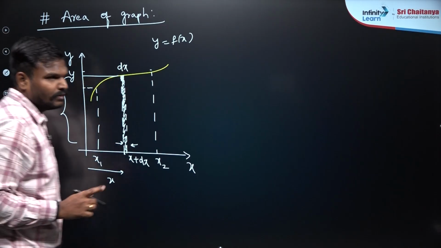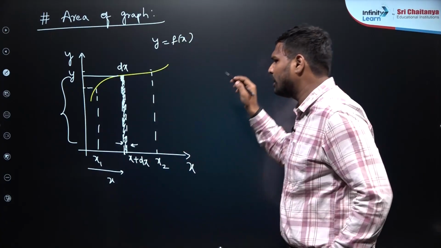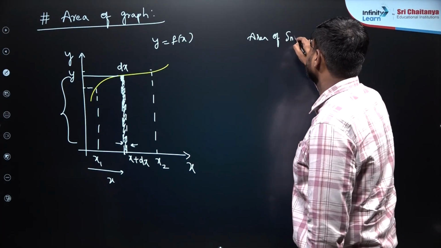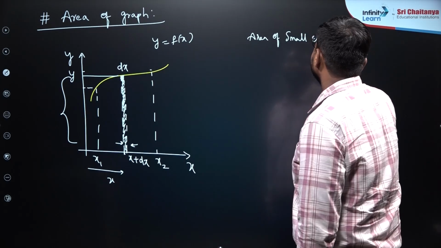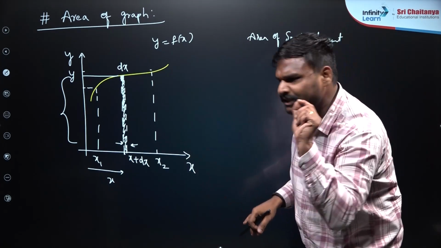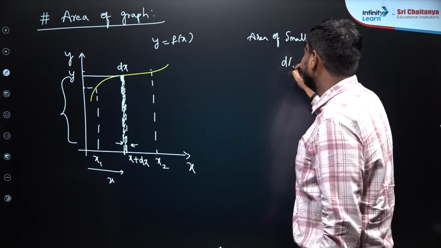Dx thickness. The area of the small element, if total area is A, then the shortest piece is called dA.